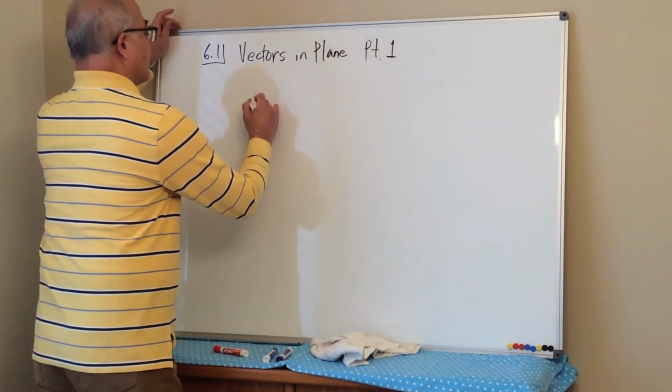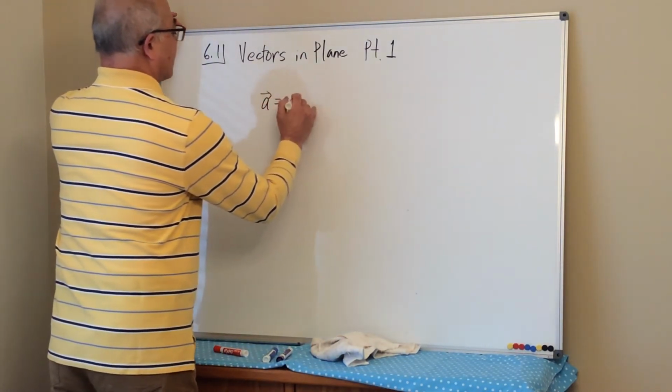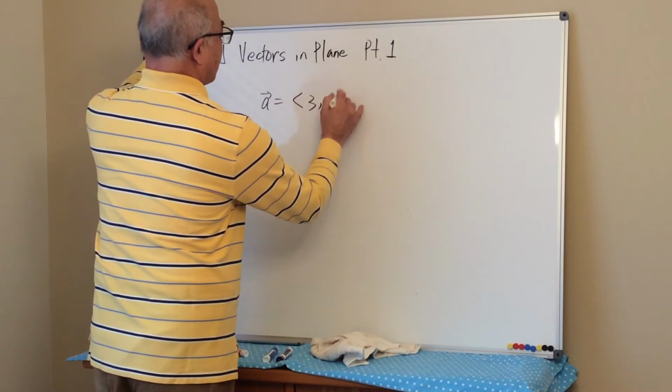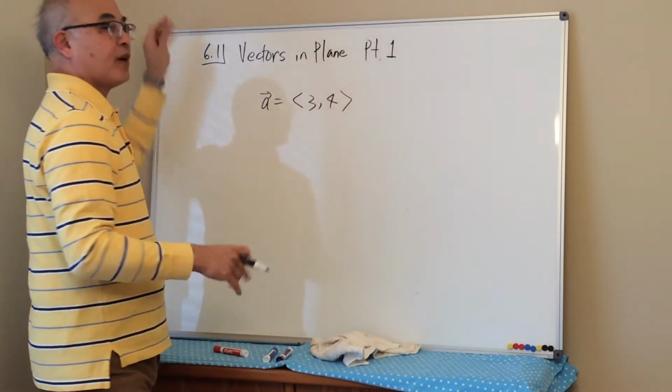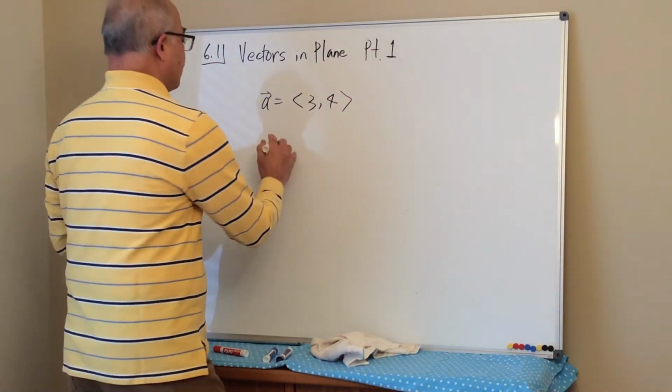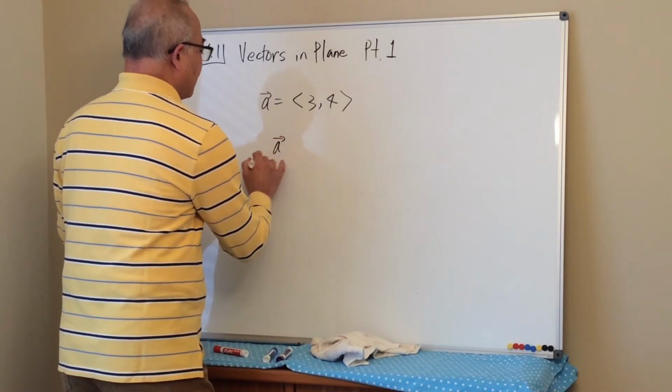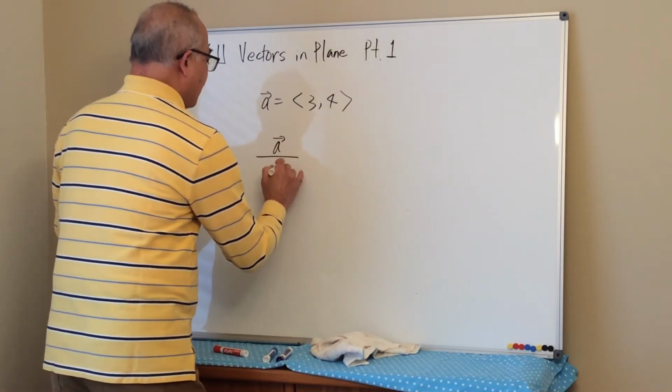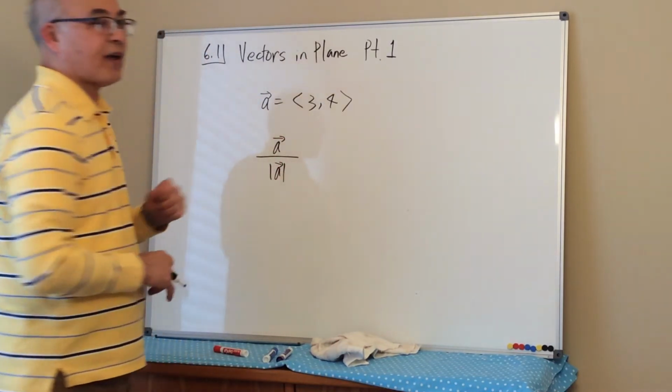So if I had a vector that was (3, 4) and I want to find the unit vector, I would take the vector itself and divide it by the magnitude of that vector.